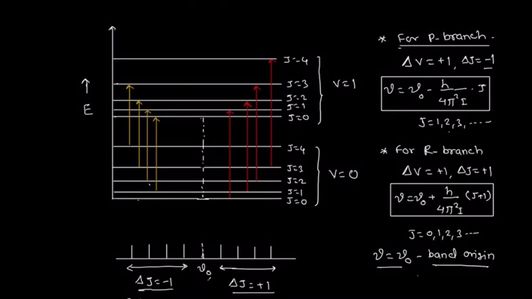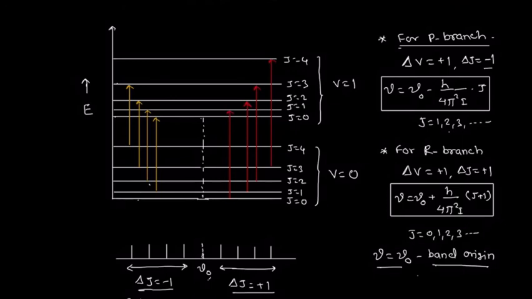Now see, the same two regions we split up here. Some transitions are spectroscopically not allowed. That transition is the forbidden transition, which we draw by the dotted line, J equal to 0 to J equal to 0, delta J is 0. It is not allowed.